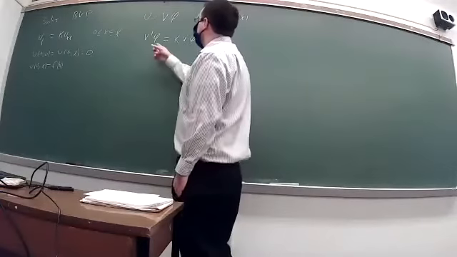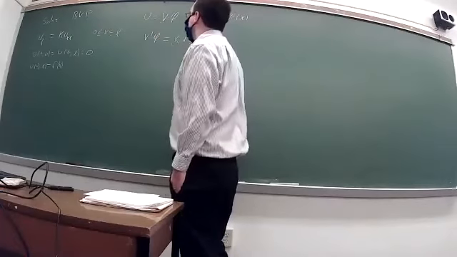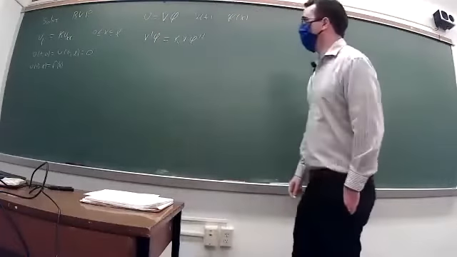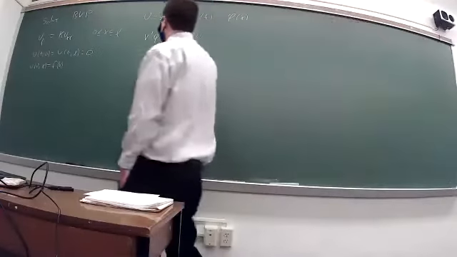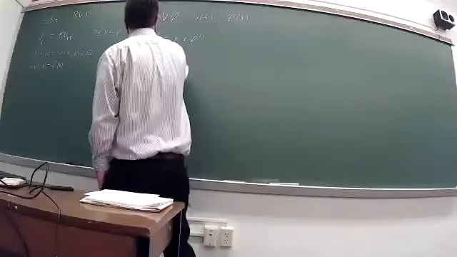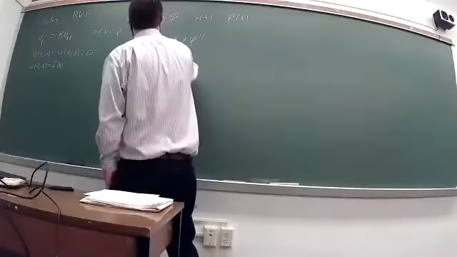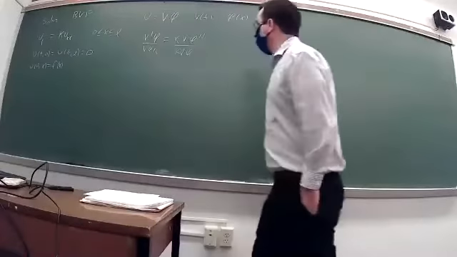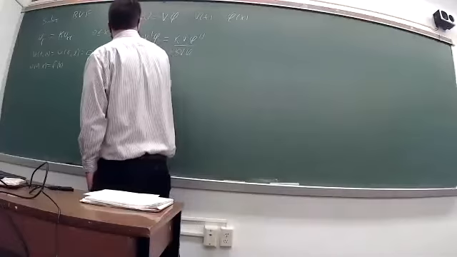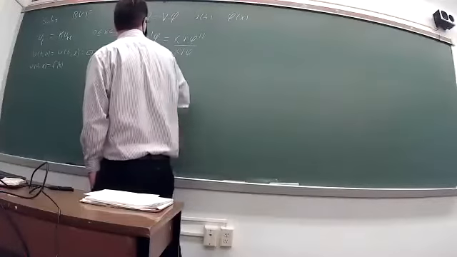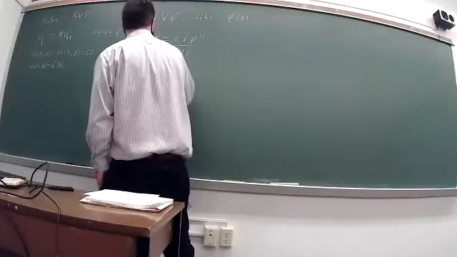Once again, you could add the caveat that u should be bigger than 0 on whatever region you're hoping to make this technique work on, because you want to divide both sides by u. Actually, I'll divide both sides by k times u to end up with v prime over kv equals phi double prime over phi.